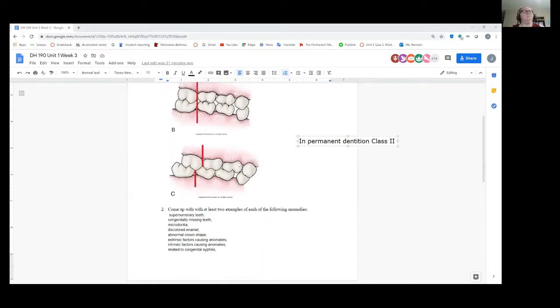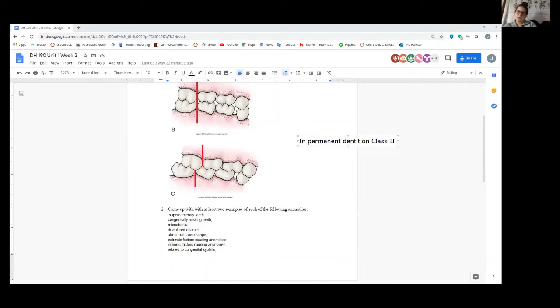What's happening is that with class 2, they're going to have a retrognathic profile. Do you guys remember that from the video? Where the jaw is going backwards. So you think of that mandible, that first molar is going to move back, move distal. So it's more like an overbite. Yes.